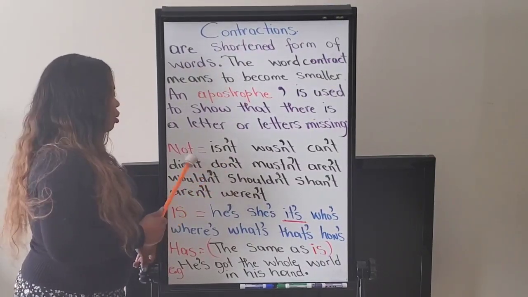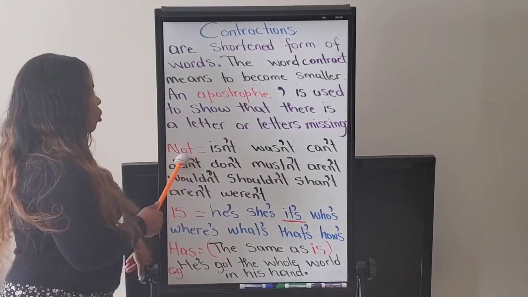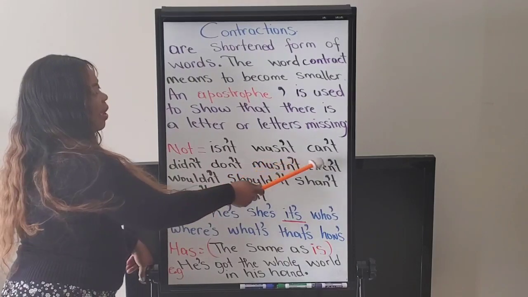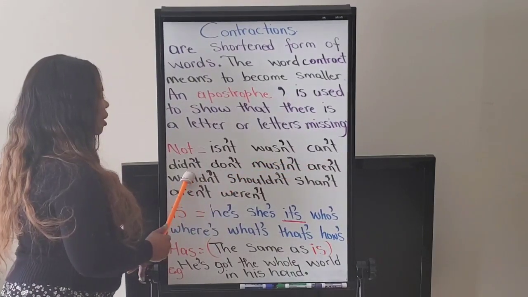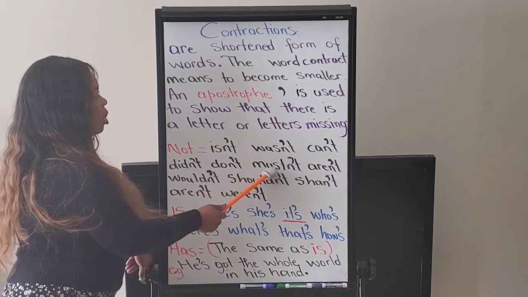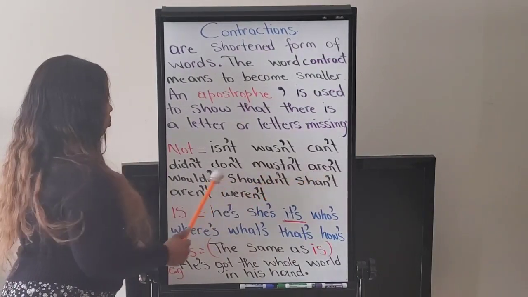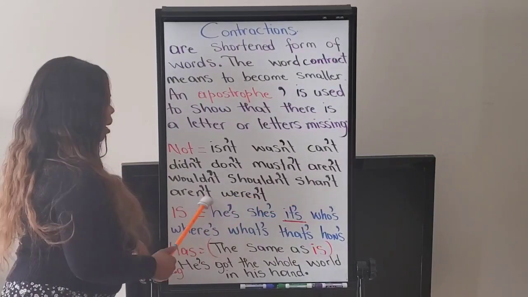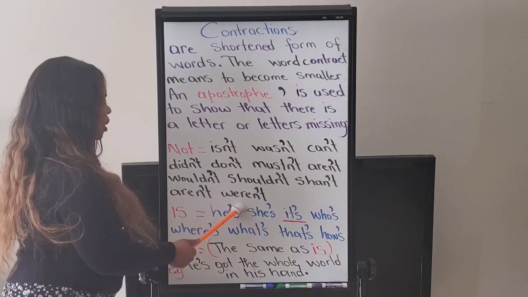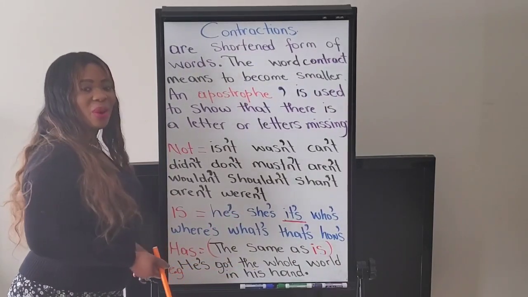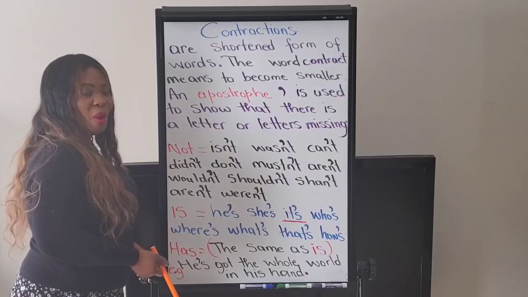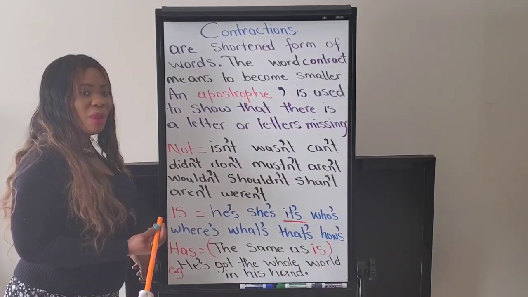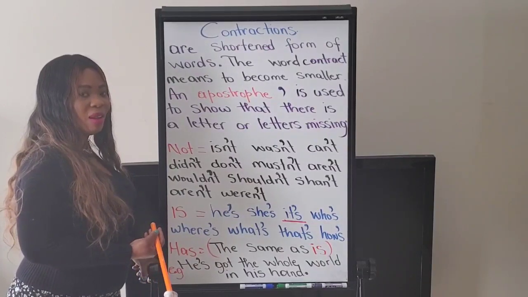When you're reading, you just know that it's associated with the word not, but it's isn't, wasn't, can't, didn't, don't, mustn't, aren't, wouldn't, shouldn't, shan't, weren't. Some of these words you probably have not heard or seen in a long time.